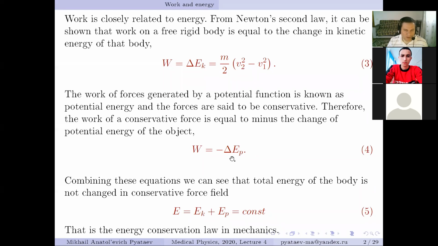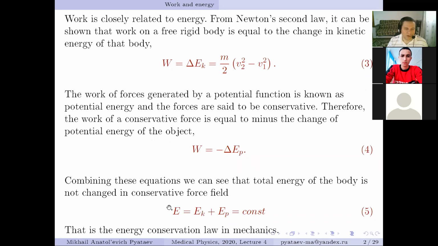In this case, in the case of conservative forces, if we combine equations 3 and 4, we get that minus delta EP equals delta EK, and it means that the sum of these two changes of energy is equal to 0.